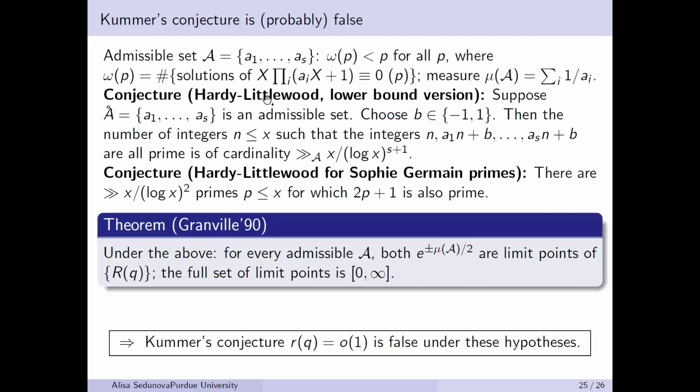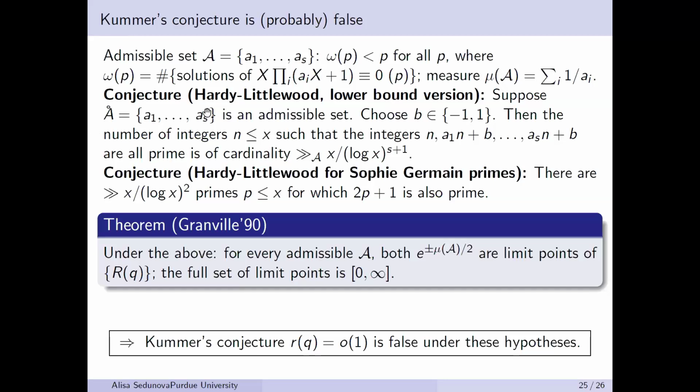Essentially what he says is that if we take an admissible set A, this is the set of a1, ..., aS, such that omega of P is less than P for all P, where omega counts the number of solutions to X times the product of (ai X) equal to 0 modulo P, and we define the measure mu of A as the sum of the reciprocals, then we can assume Hardy-Littlewood, the lower bound version.